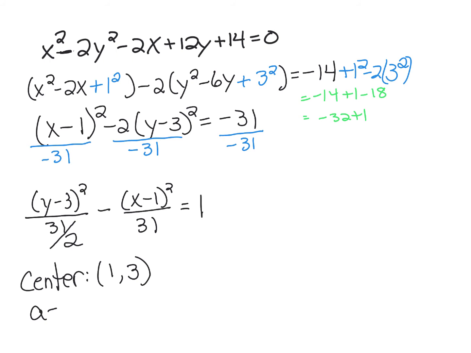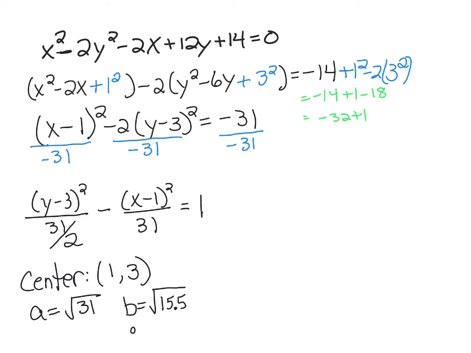Out in the horizontal direction, I'm going to go square root of 31. In the vertical direction, because it's the denominator of the y, I'm going to go out the square root of half of 31. I'm just going to write it like this so we can see it. Now, the square root of 15 and a half is almost the square root of 16.